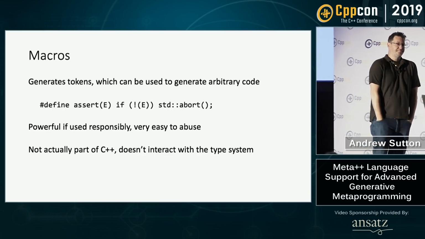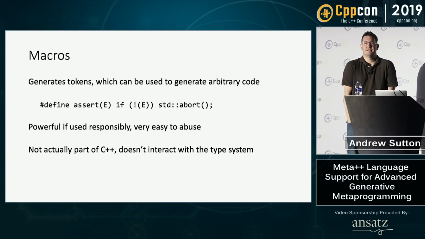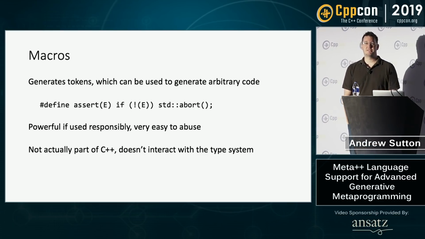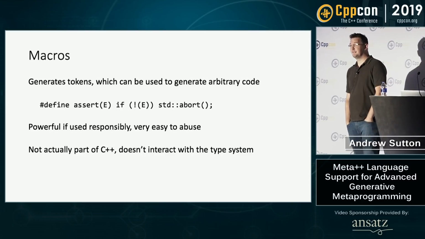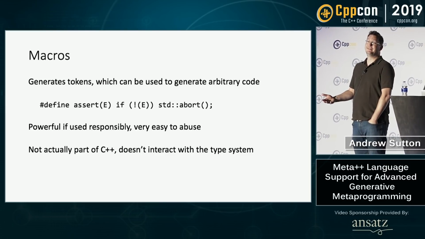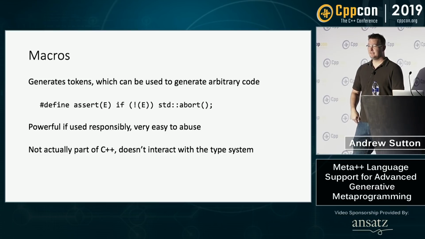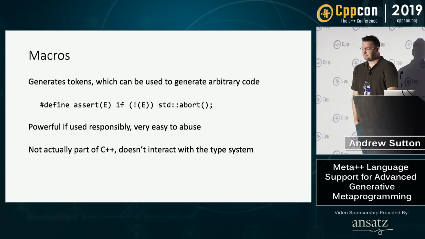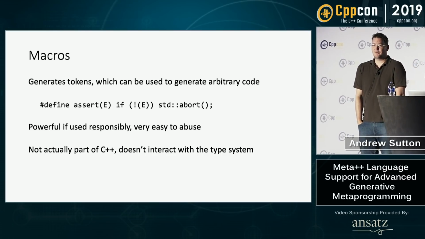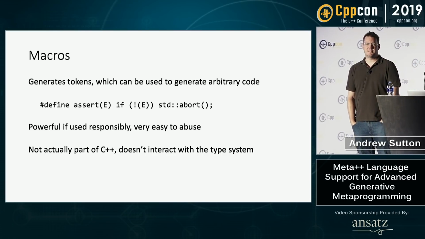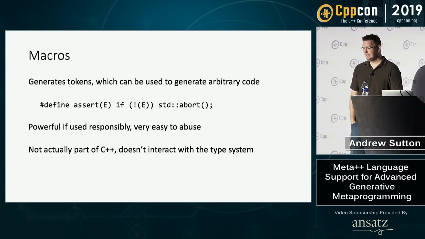All right, so macros, as far as generative programming goes, macros generate tokens. You can basically generate whatever you want, right? Hopefully it's conforming C++, but I think at times that doesn't even matter so much. #if 0, right? So they're really powerful. They let us generate anything, parts of classes, parts of functions, parts of expressions.